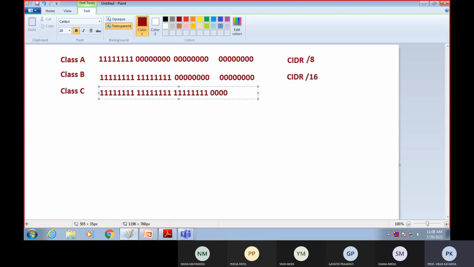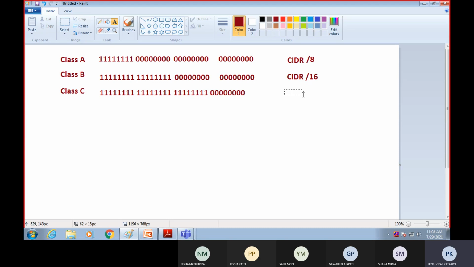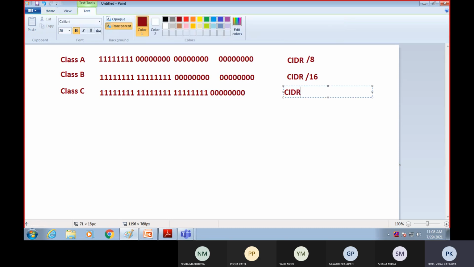There are only 8 bits in the suffix, 1 to 8. So it tells us the CIDR notation /24.